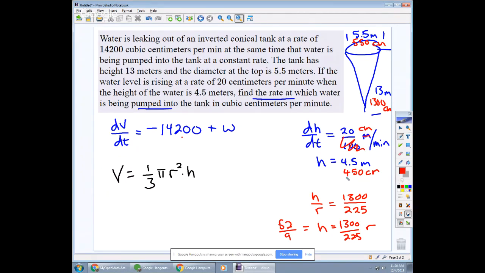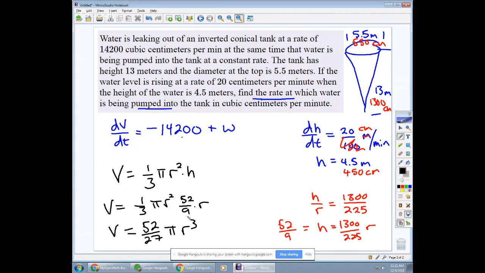So now our volume equation becomes 1/3 pi r squared times 52/9 times r, the other variable. So cleaning this up again, we get volume equals 52/27 pi r cubed, and we are ready to get the related rate equation.